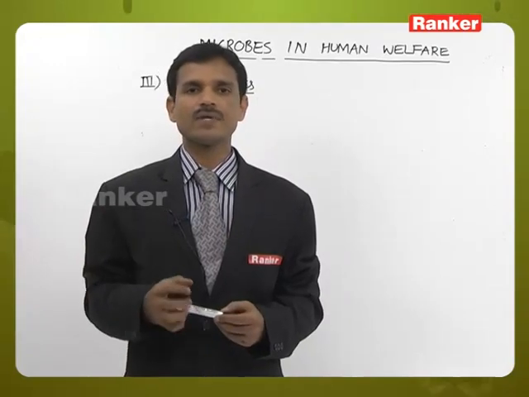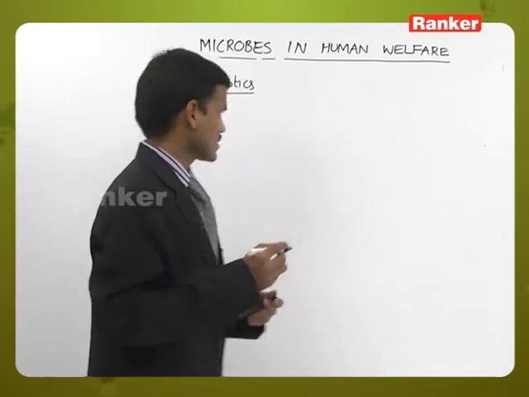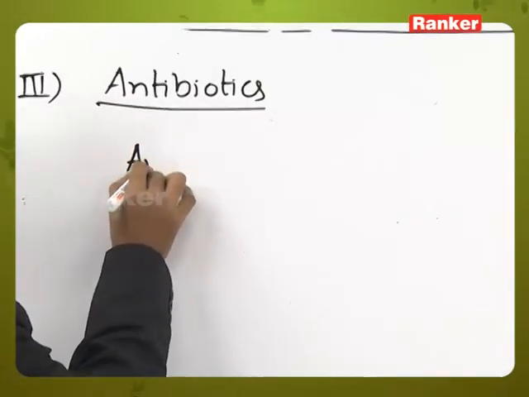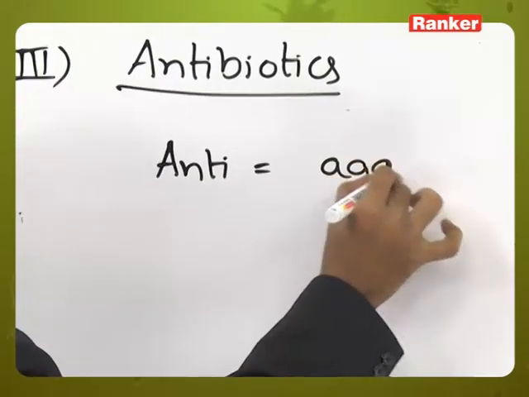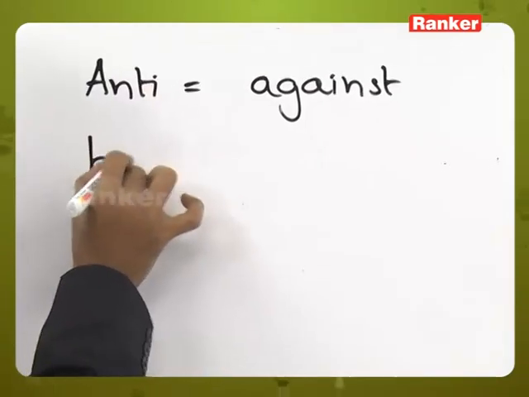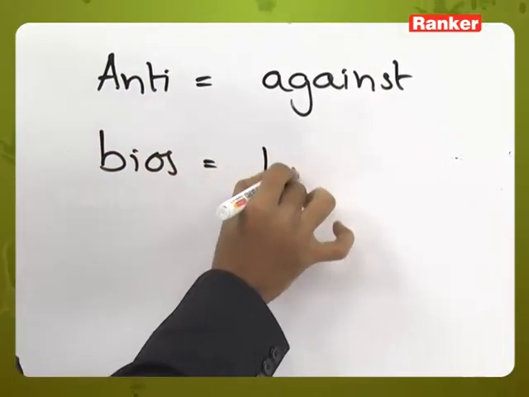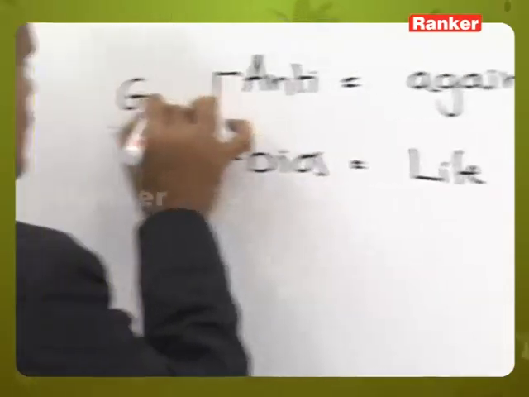It is derived from Greek words. The Greek word anti means against, bios means life. So these two are Greek words.